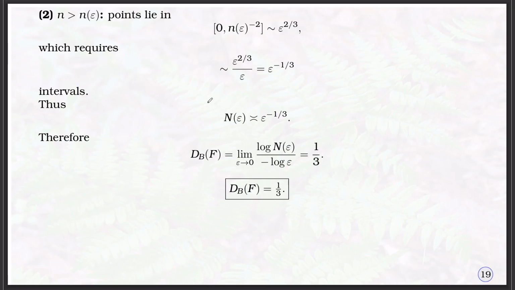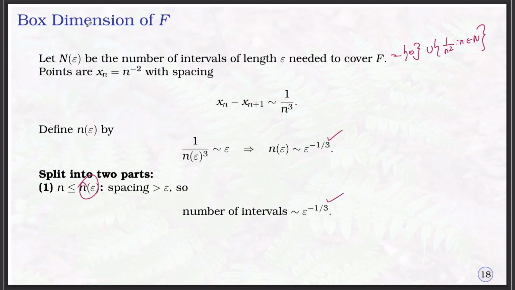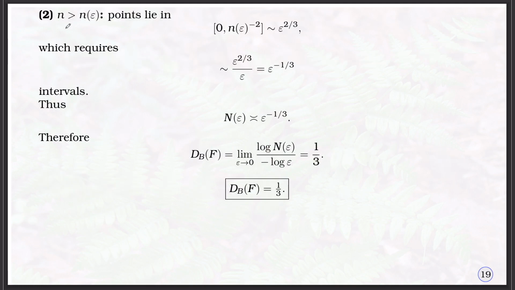In the second case, n is strictly greater than n(epsilon). Then the points lie in the closed interval 0 to 1 by n(epsilon) power 2, which is directly proportional to epsilon power 2 by 3, which requires epsilon power 2 by 3 over epsilon, that is epsilon power minus 1 by 3 intervals.